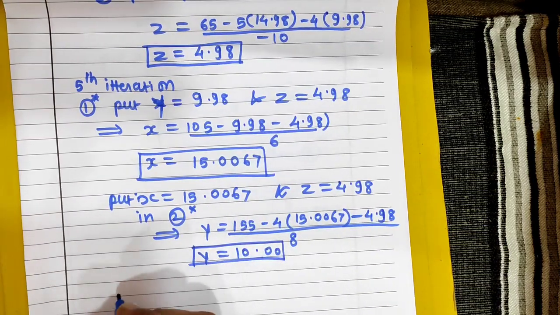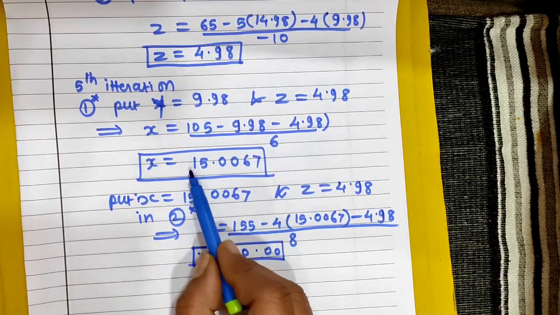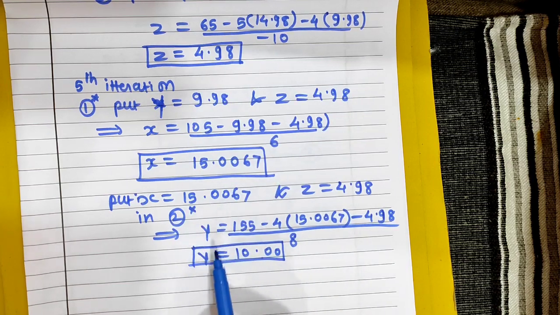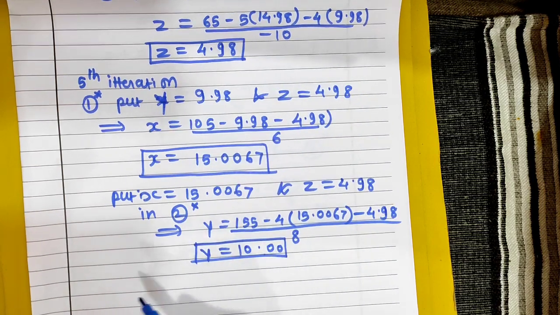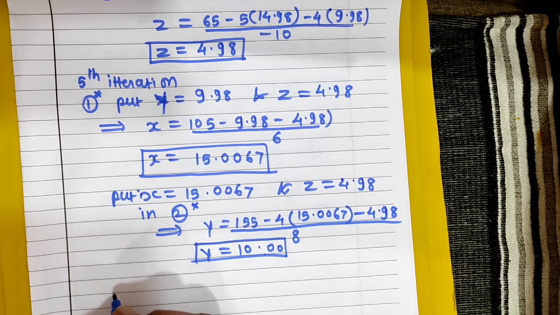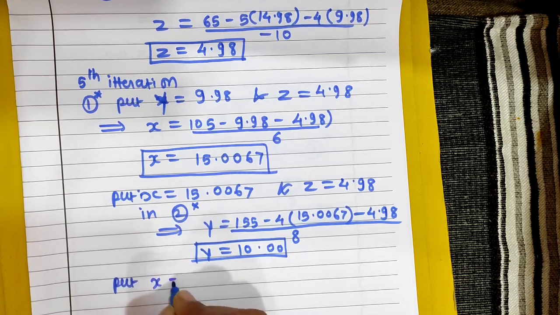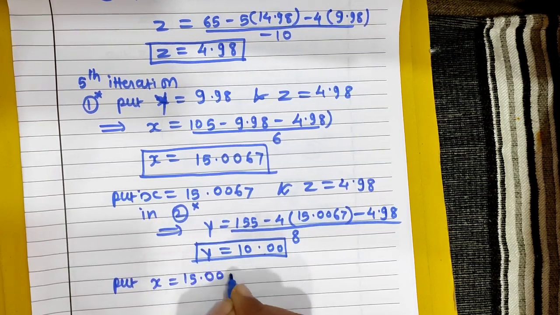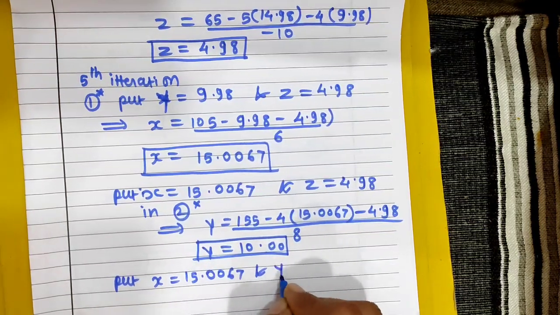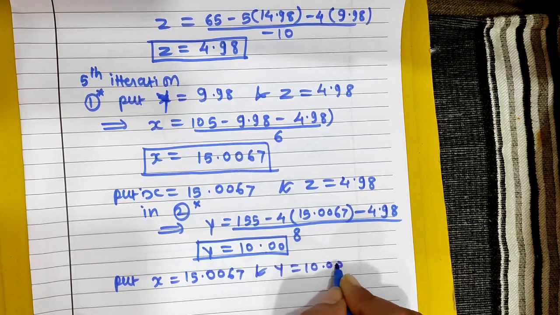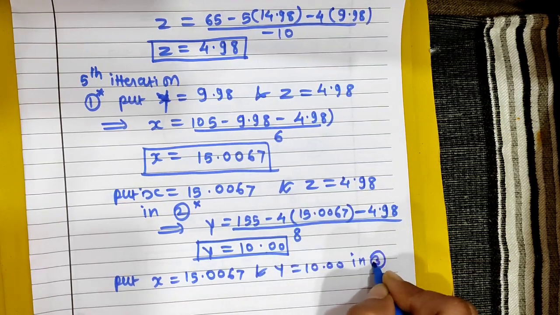Then this is the latest value of x in the fifth iteration, and this is the latest value of y in the fifth iteration. Now we want the latest value of z in the fifth iteration. We have to put the latest values, x equal to 15.0067 and y equal to 10.00, in the 3-star equation.